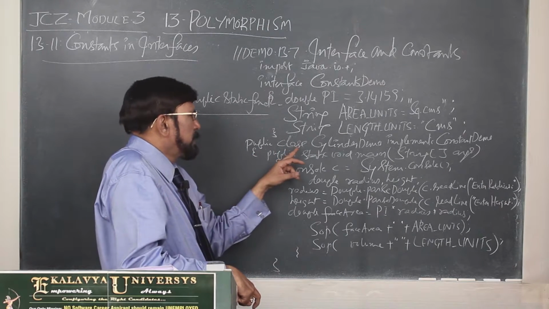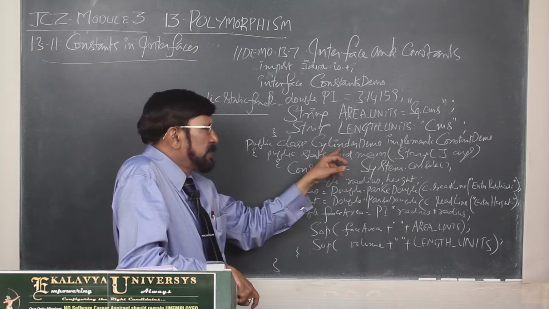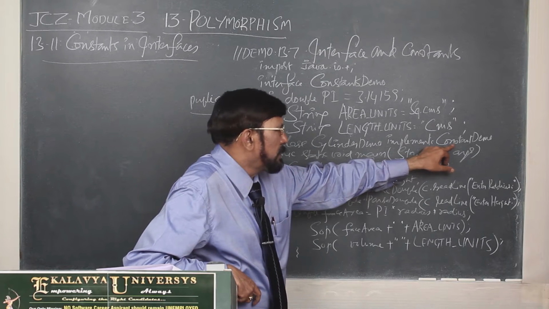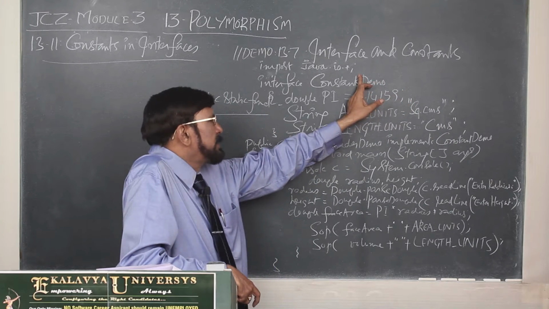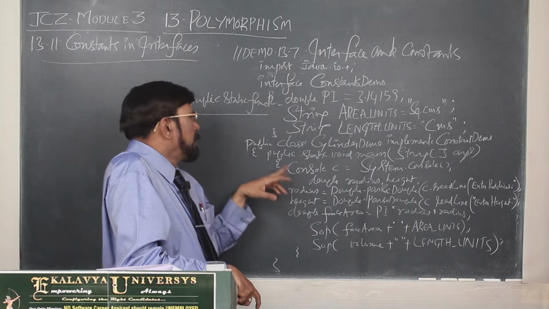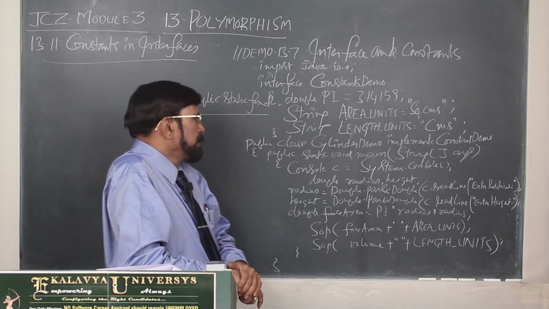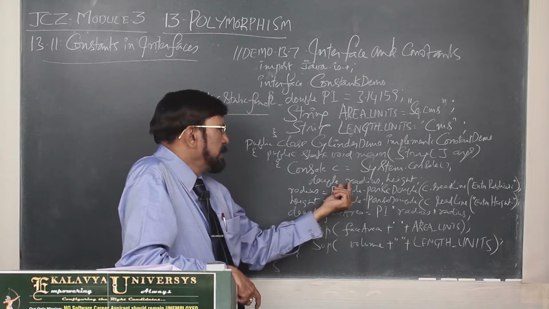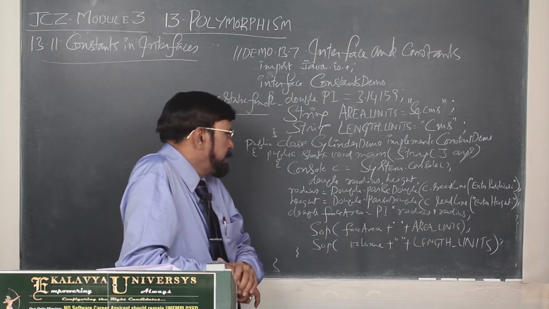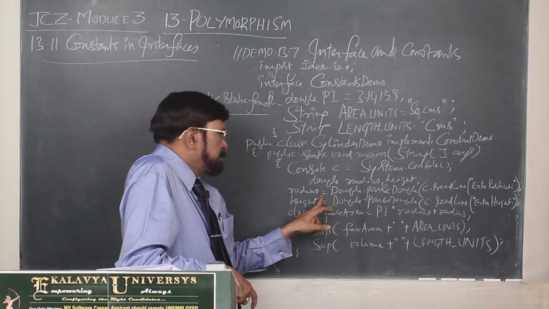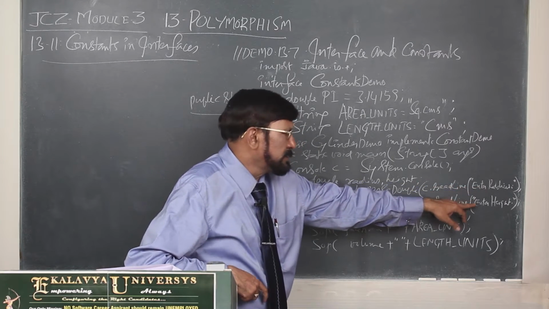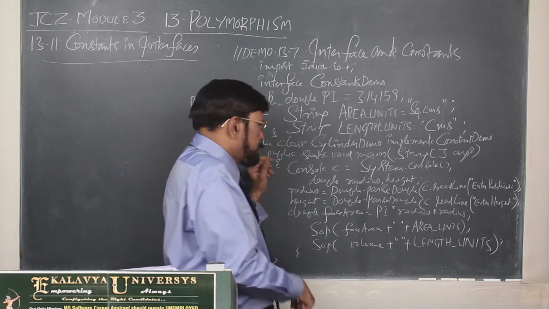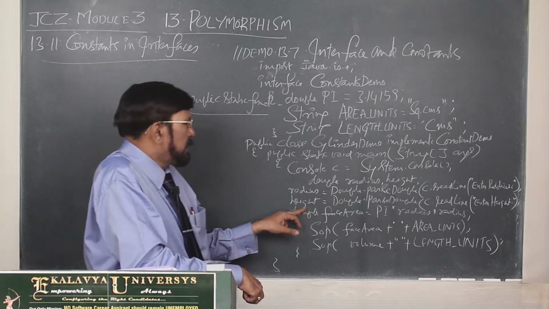Here you see public class CylinderDemo implements ConstantDemo. This is the interface, and this is the concrete class. In main, we are defining the console, which I already told you is for reading the data from the keyboard. Here we are reading radius and height: enter radius, enter height.